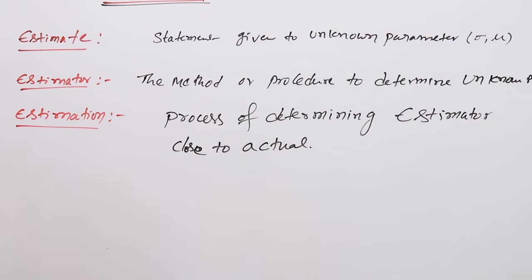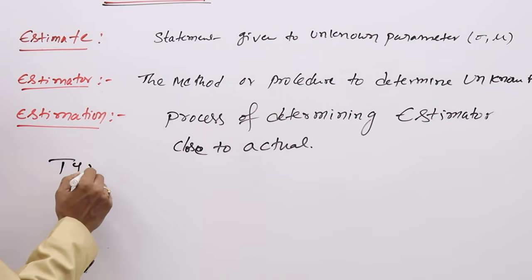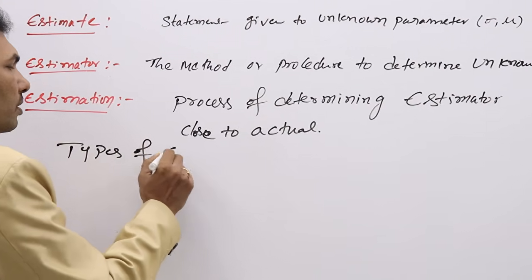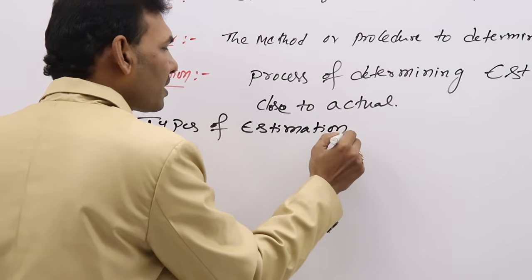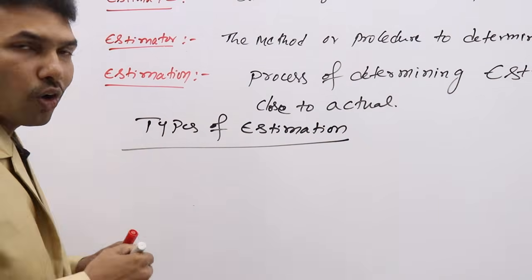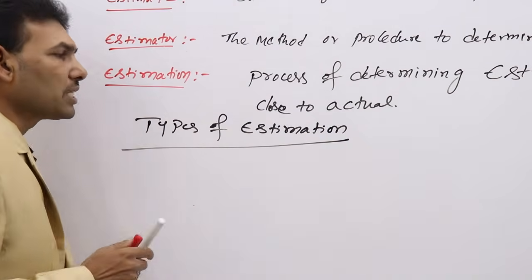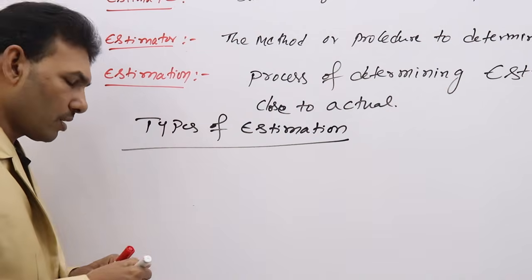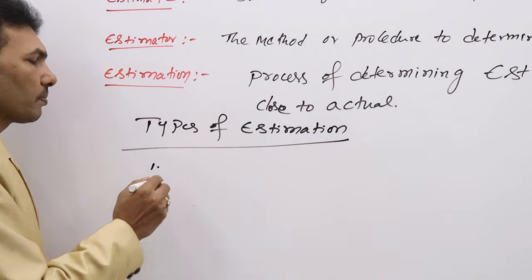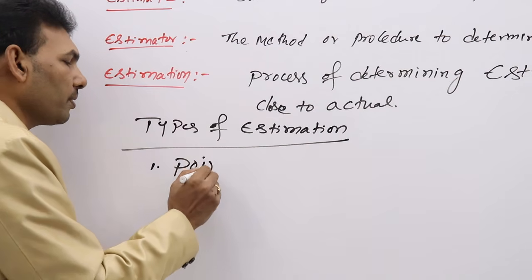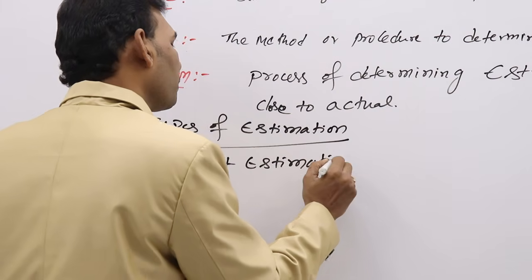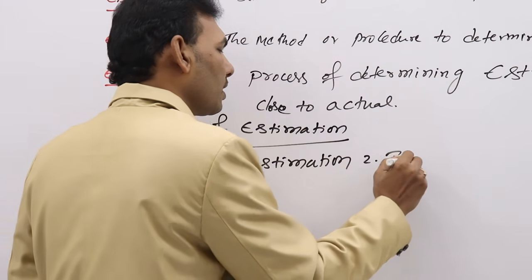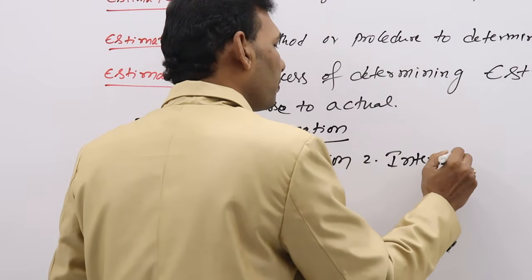So here, types of estimation are two types. We can expect one unknown parameter value using estimation in two ways. One is point estimation. Another one is interval estimation.